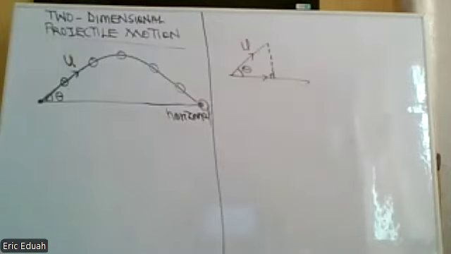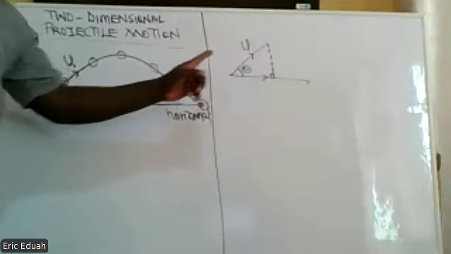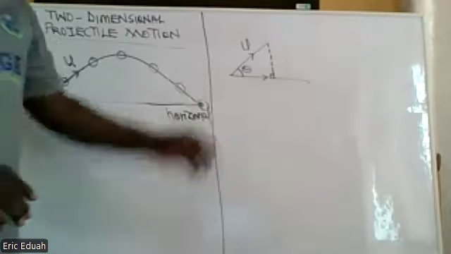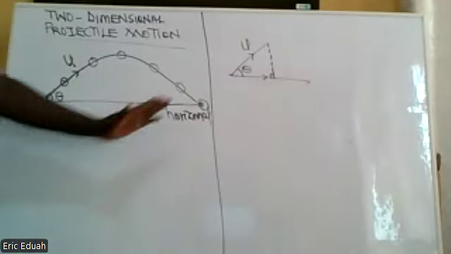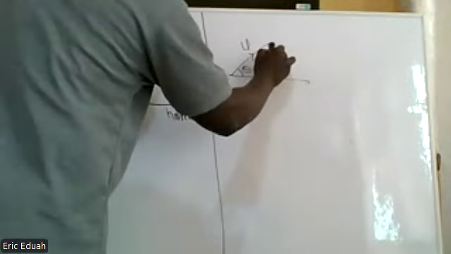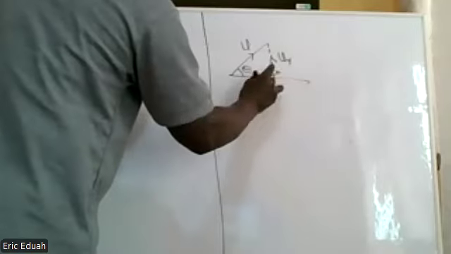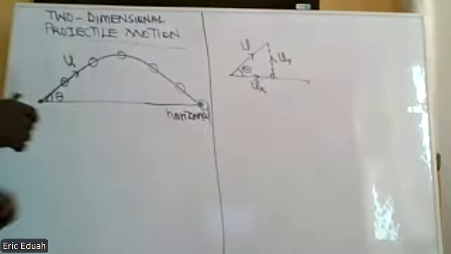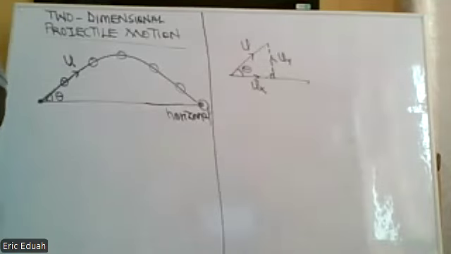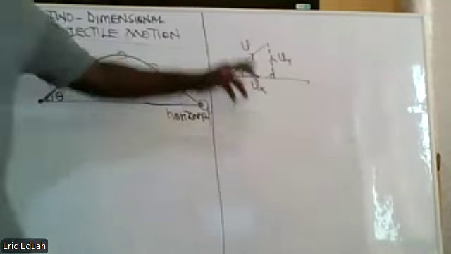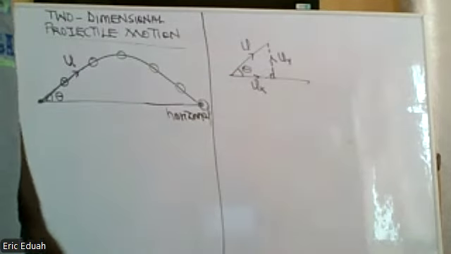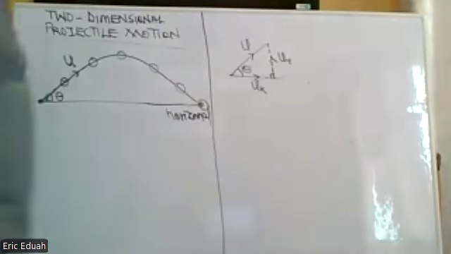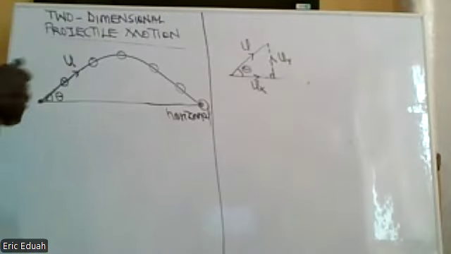So by virtue of the velocity of projection making a certain angle with the horizontal, it will be divided into a vertical component, uy, and a horizontal component, ux. We want to resolve using trig ratios to determine this vertical component and the horizontal component.